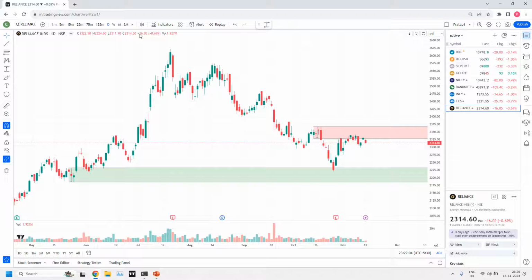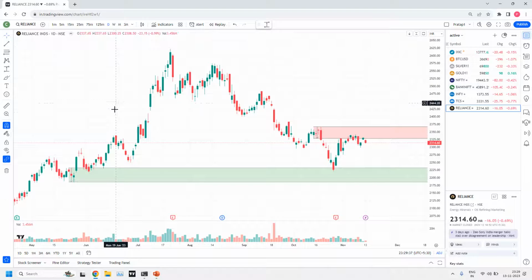Just above the cross symbol, you see the open, high, low, close, and minus 16.05 is the price change compared to the previous day, and here the percentage. All these values are changing.